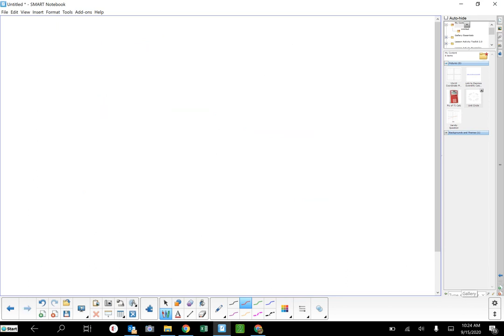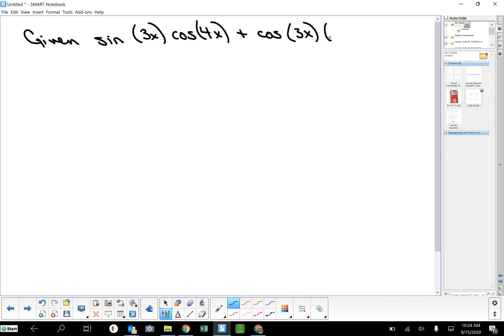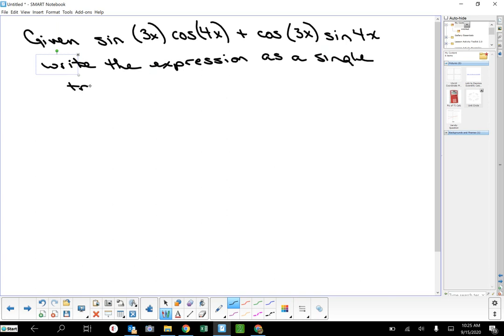Another problem you're going to see in Varsity is going to look like this. Given sine 3x cosine 4x plus cosine 3x sine 4x, it says write the expression as a single trig function.